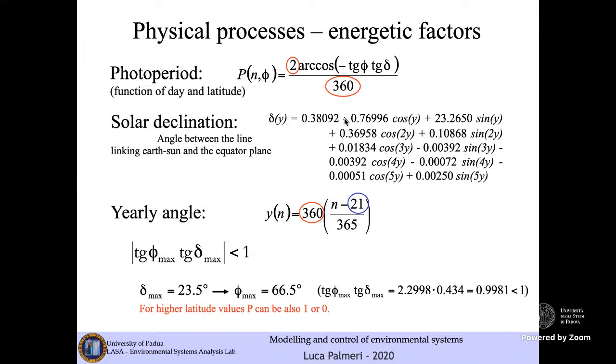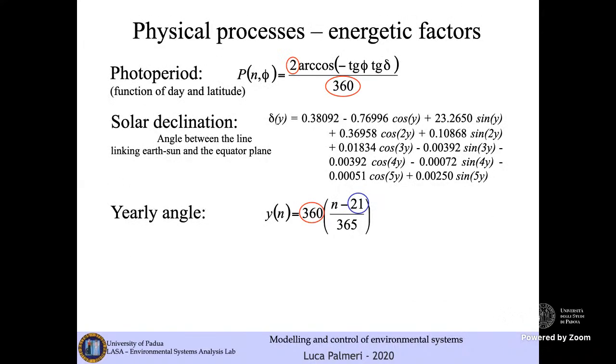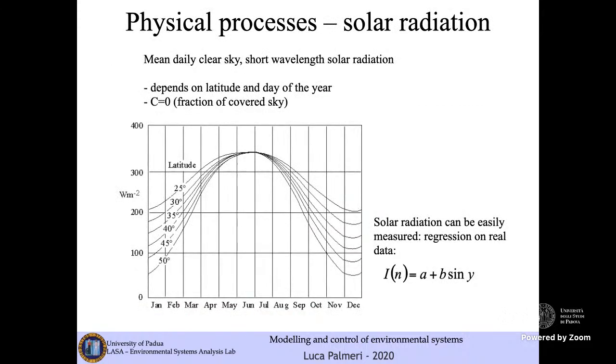How do we obtain these relationships? Of course, these are obtained by astronomical models and astronomical observation.